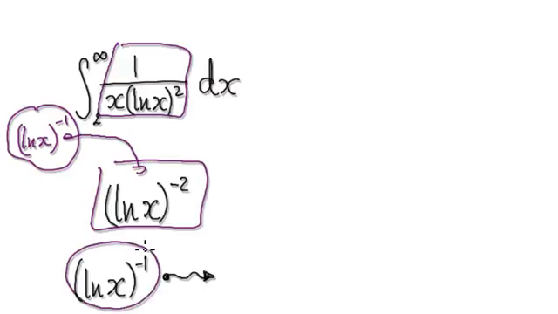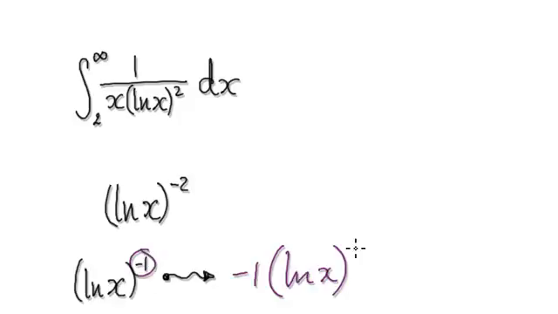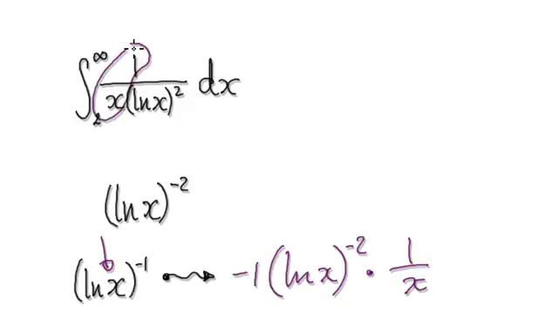If you differentiate it, it will be -1, and then natural log of x, and then this gets minus by 1, so it'd be -2. But then you've got to times the derivative of the bubble itself, which would be 1 over x, which is this bit here.